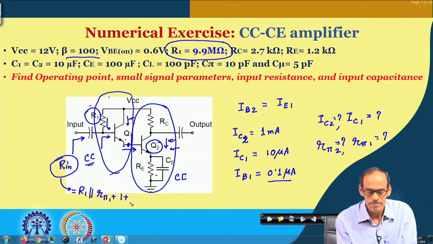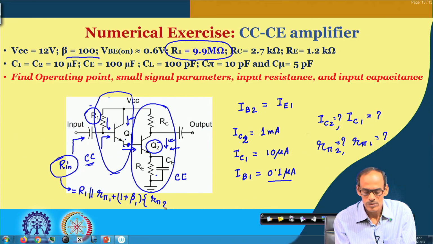1 plus beta 1 multiplied by R pi 2, and then if I consider this as AC ground, only this much I will have.